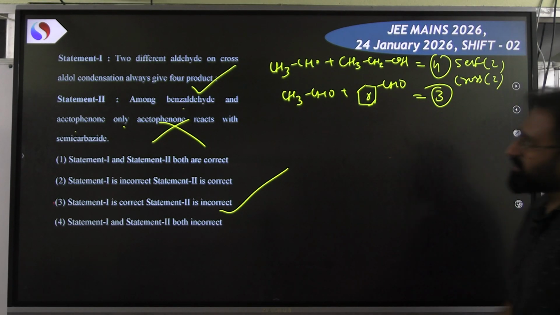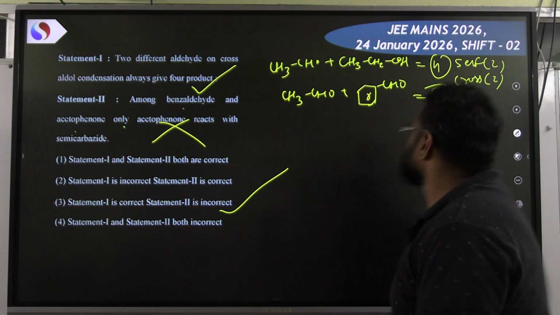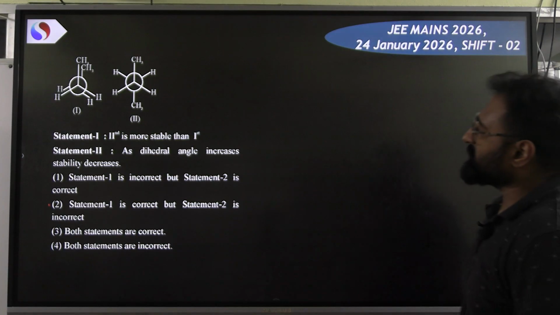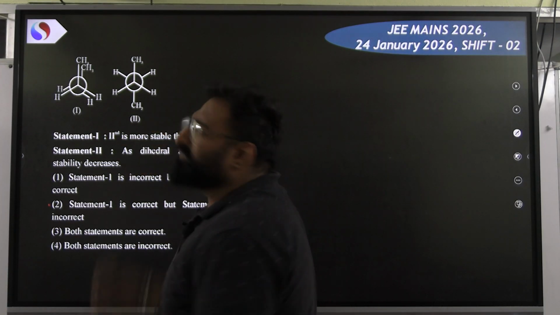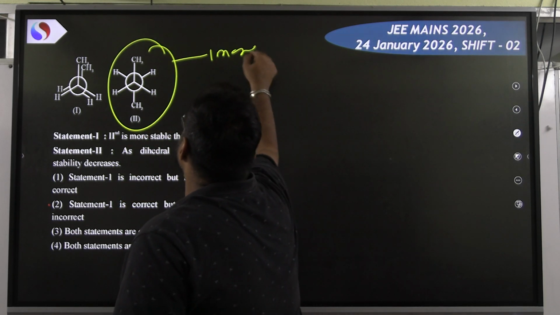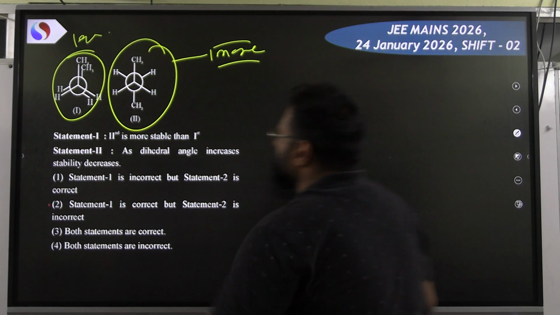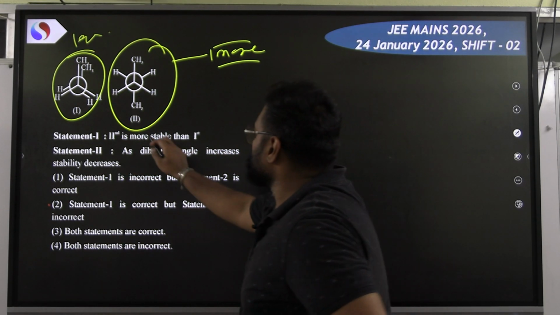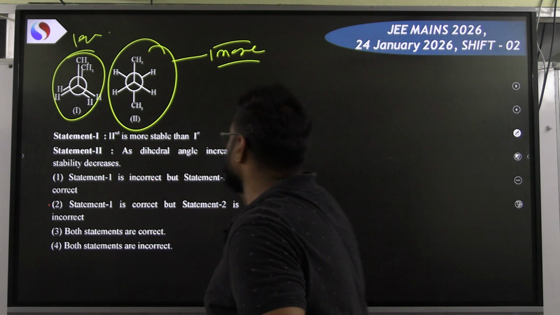This next part is a bit on the easier side as compared to the first half of the paper. Next. This is more stable. Anti is less stable. So statement 1 is correct. Statement 2 says as dihedral angle increases, stability decreases.